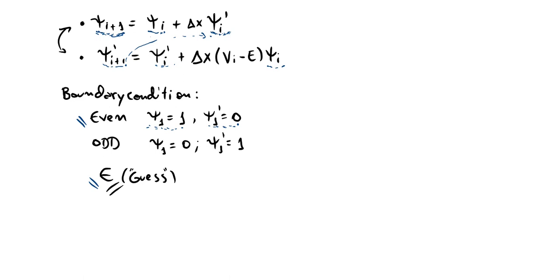And then if you keep going on doing that, if you want psi 4, you need the derivative at psi 3. But to get the derivative at psi 3, you need the function and the derivative at psi 2. And then you go on, you find psi 4, psi 5, psi 6, and you can find all the psi's that you want with this condition that you gave, like it's an even function, and the energy is given by this energy that you already chose there.